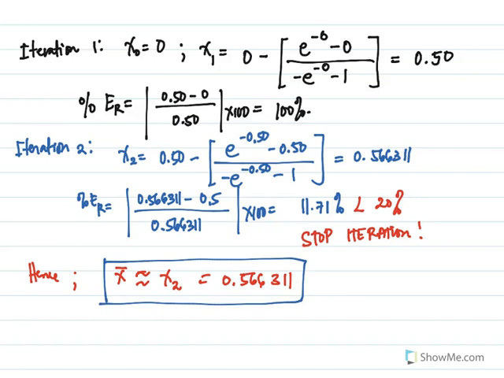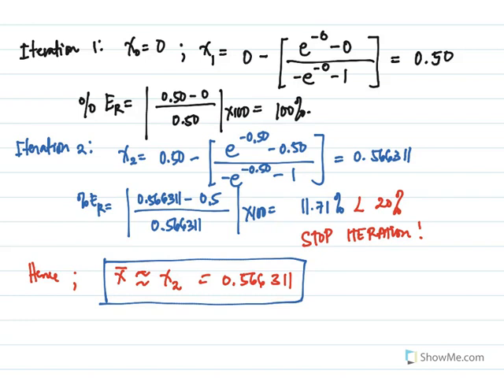Note that in our fixed point iteration, it took us more iterations, no, in order for us to get a less than 20% relative error. Okay, so mas madali tayo nakakuha ng root dito sa ating Newton-Raphson method compared to the fixed point iteration.